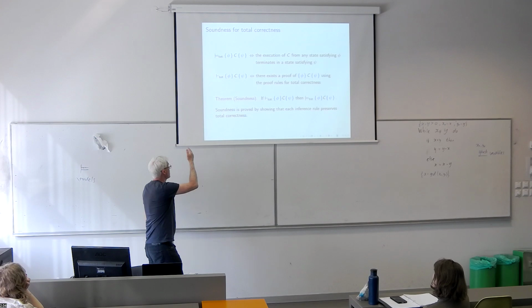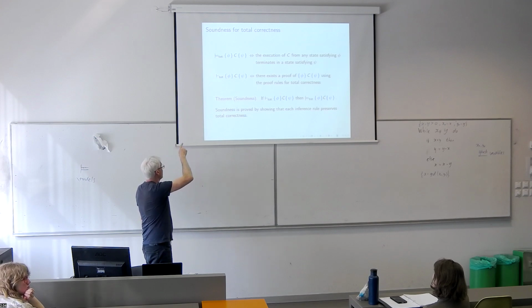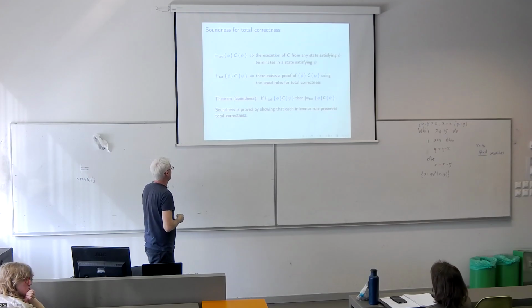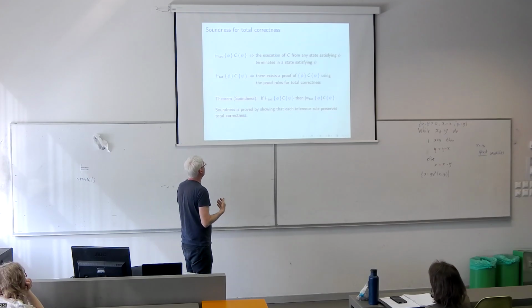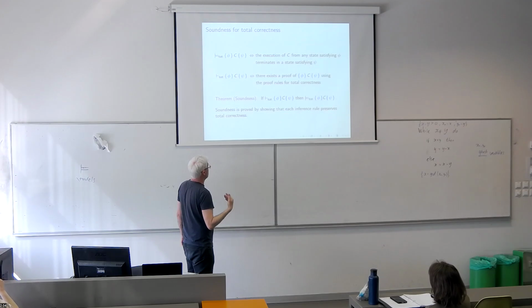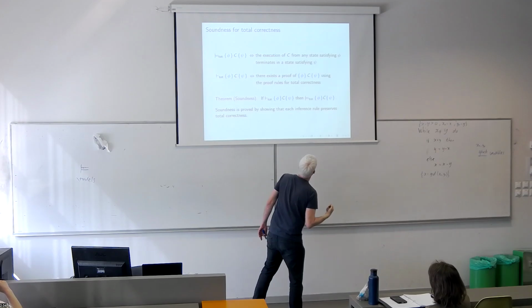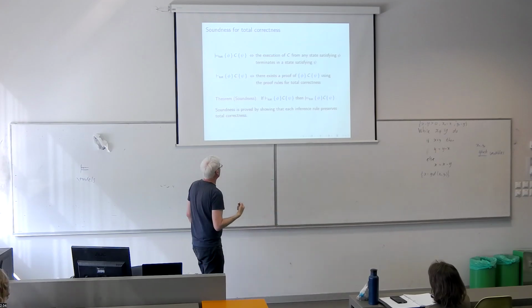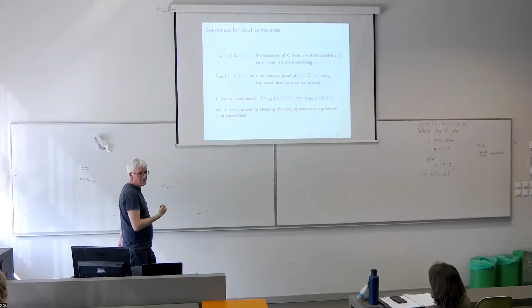We simply modify the semantic definition of the truth of a Hoare triple to now say that the execution of C from any state satisfying phi does actually terminate. So now we're including termination in what the Hoare triple says.